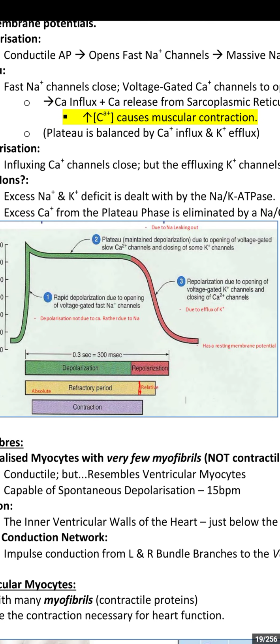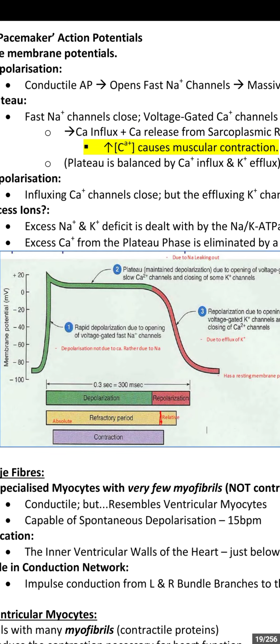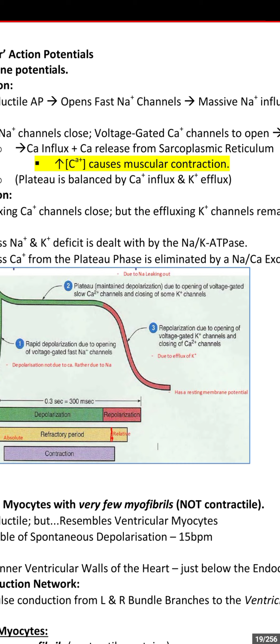After the opening of sodium channels, the depolarization rises to the plus 20 level, and then it comes down to the second level, the plateau level. In the plateau level, maintained depolarization occurs for a time period of about 300 milliseconds.